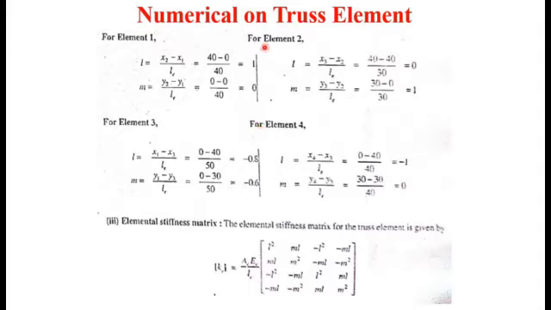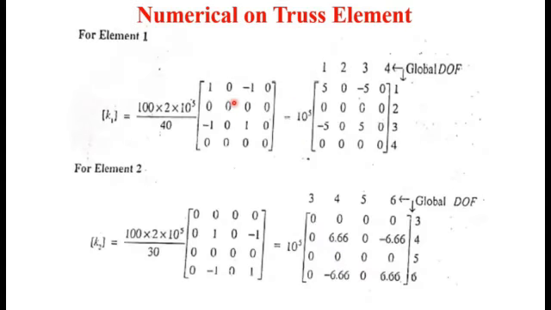By putting these L and M values in this matrix, the matrix is prepared. Then after simplifying 100 into 2 into 10 raised to 5 divided by 40, K1 is equal to 10 raised to 5 into the bracket 50, 0, minus 50, 0; 0, 0, 0, 0; minus 50, 0, 50, 0; 0, 0, 0, 0. This is the elemental matrix for element 1.